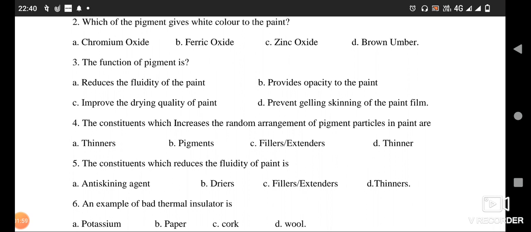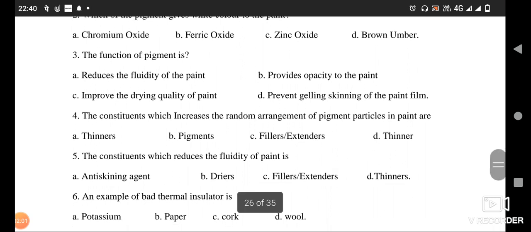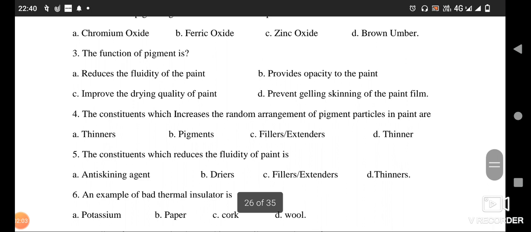So the function of the pigment, as we know, is option number B, it provides opacity to the paint. It provides opacity, this means that it provides non-transparency to the paint film. So this is the function of the pigment in the paint.